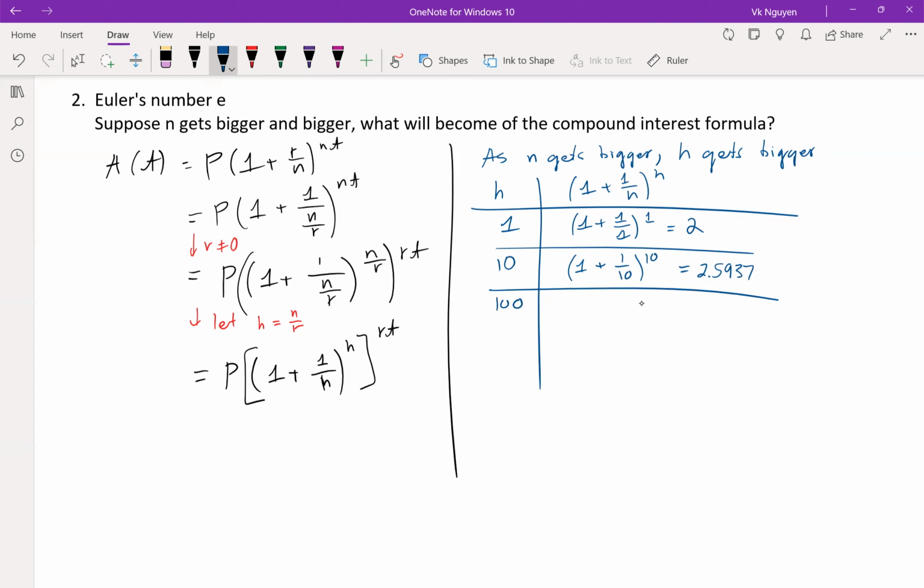For 100, we get 2.7048. For 1000, we get 2.7169.